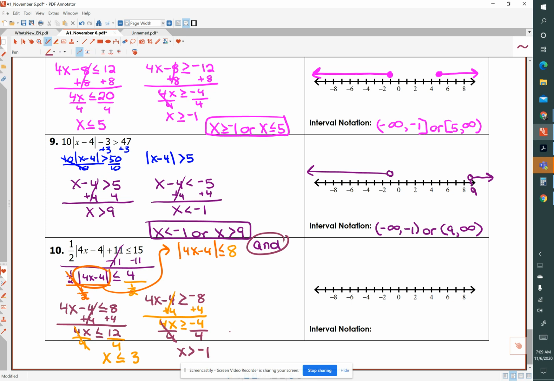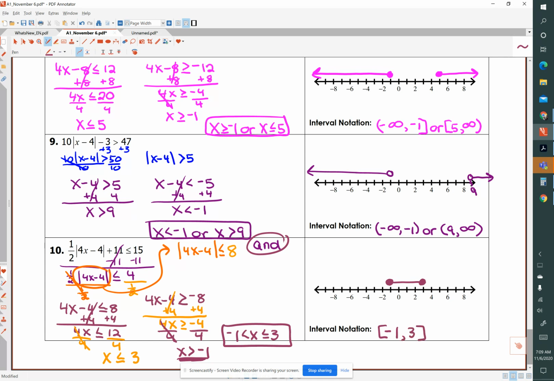So when we rewrite it, it's negative 1 is less than x. Remember, it says x is greater than negative 1. That means negative 1 is less. And then x is less than or equal to 3. So solid dot on negative 1, on 3. We'll connect them. Interval notation, negative 1, 3.